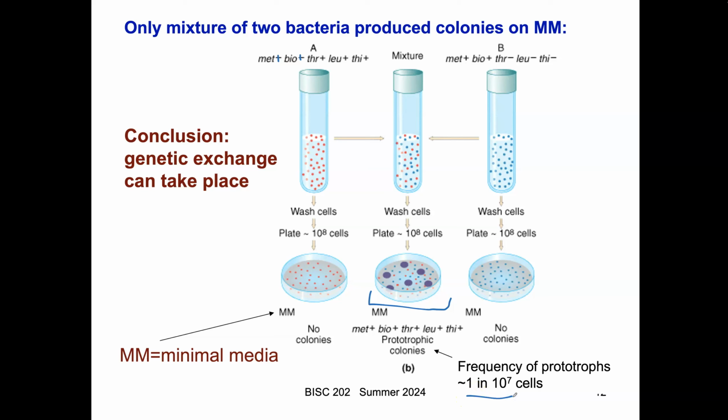Is that right? 1 in 10 million. And so they did experiments on a scale where they plated 10 times as many cells as you would have needed to find those prototrophs in just the A strain. Then if you see any colonies growing, you know that those are revertants because they didn't mix with any of the other genotypes.